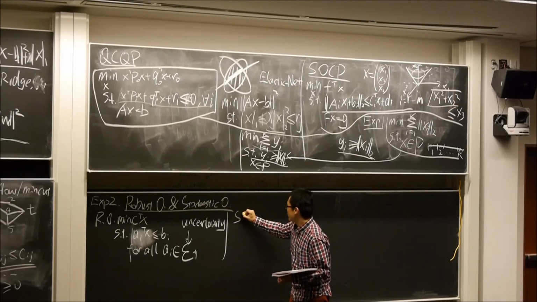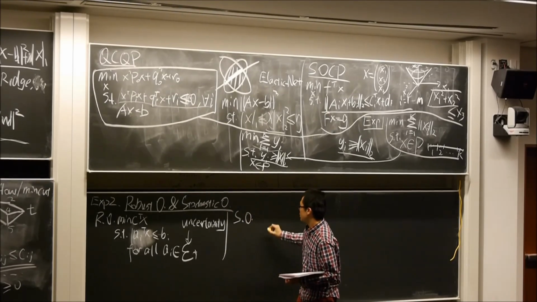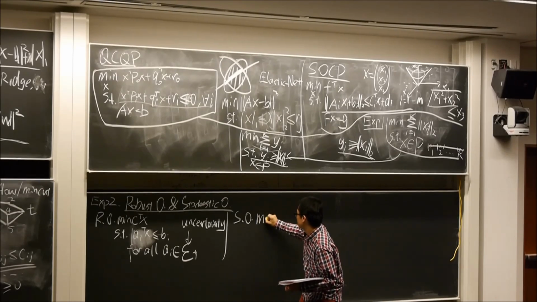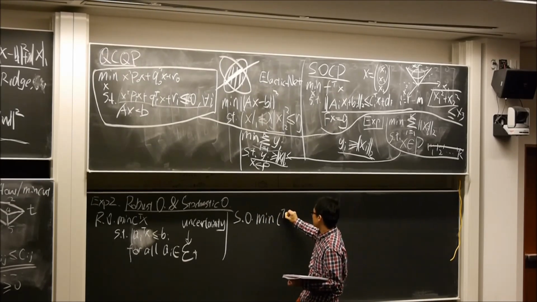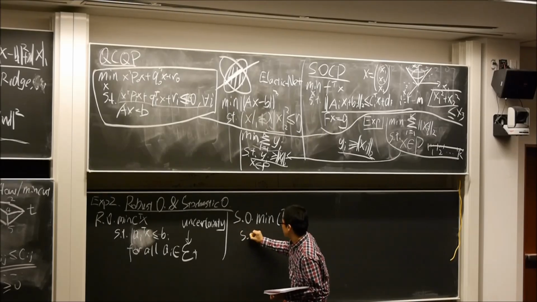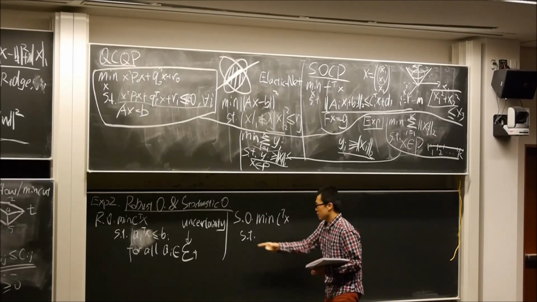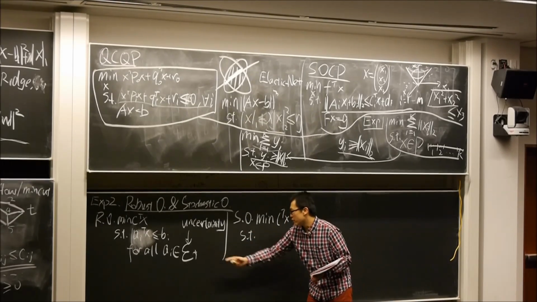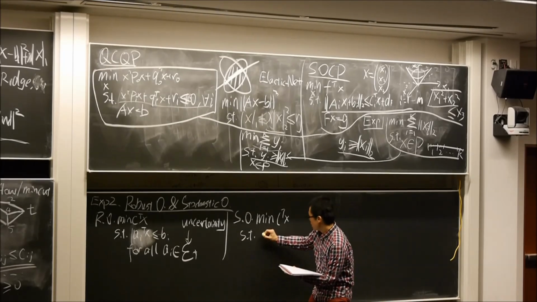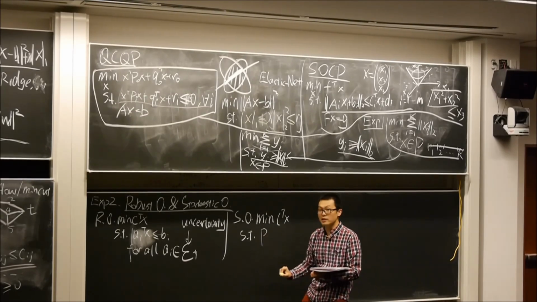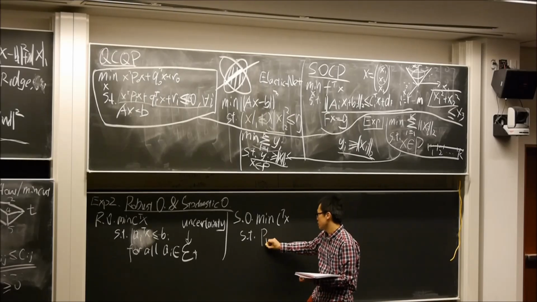And let me just write out the stochastic optimization. It is very similar. It also minimizes the same objective function, but instead of this type of constraint, it is subject to a probabilistic constraint, or a chance constraint.